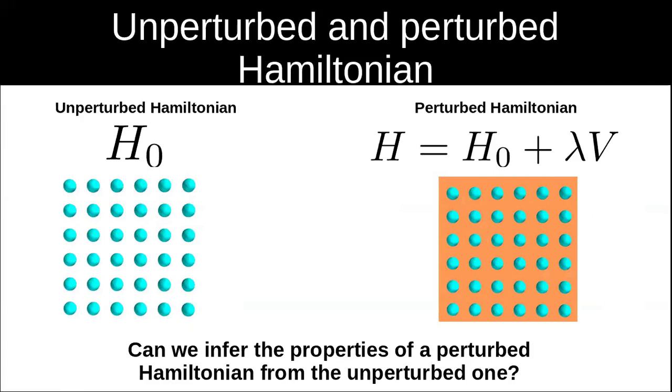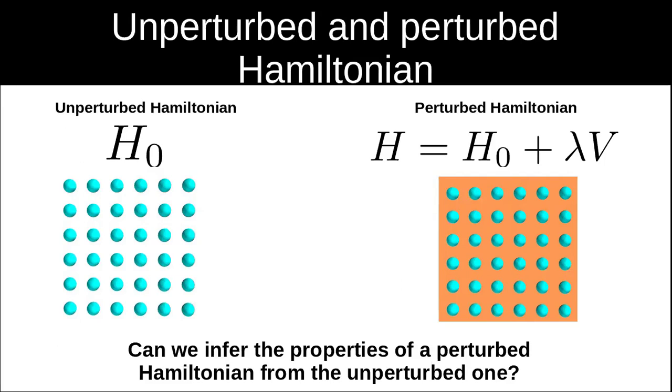Okay, so for linear response theory, we need to follow a relatively general idea. We have the original Hamiltonian of the material, H0. This is the Hamiltonian of the unperturbed material, before we make any perturbation.